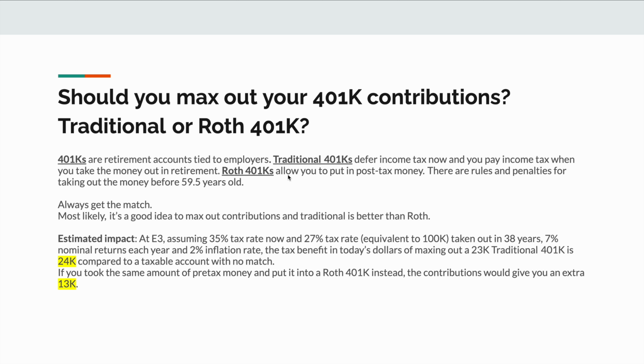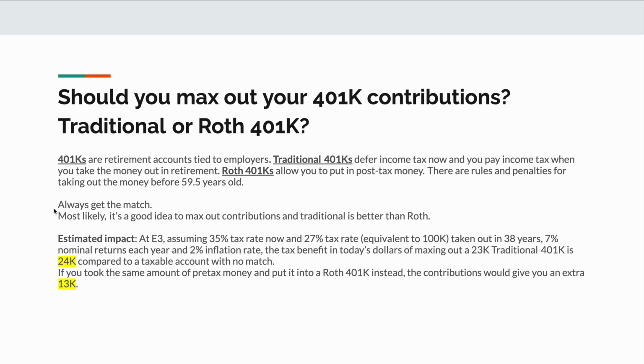With Roth 401ks, it's sort of the opposite. You pay your taxes at the beginning when you put your money in, but when you take the money out, there aren't any income taxes. Generally, for both of these, there are rules and penalties if you're taking your money out before 59 and a half years old, except for specific exceptions.